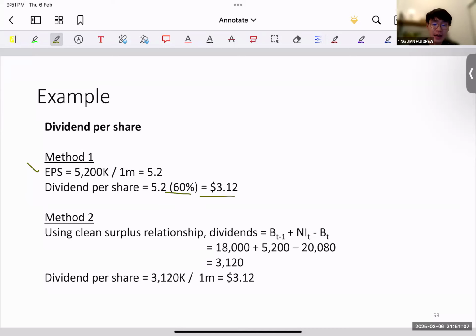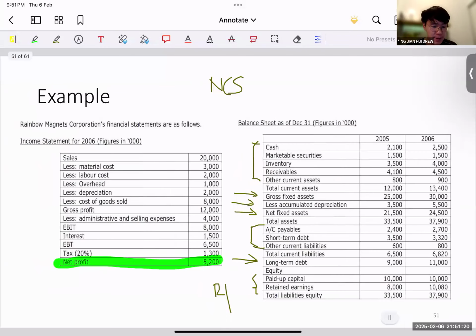Alternatively, we can base our understanding of the clean surplus relationship to determine the dividend. So the clean surplus relationship simply uses the balance sheet figure. So let me flip back to the balance sheet. So where is our balance sheet clean surplus? So we need this one, right?